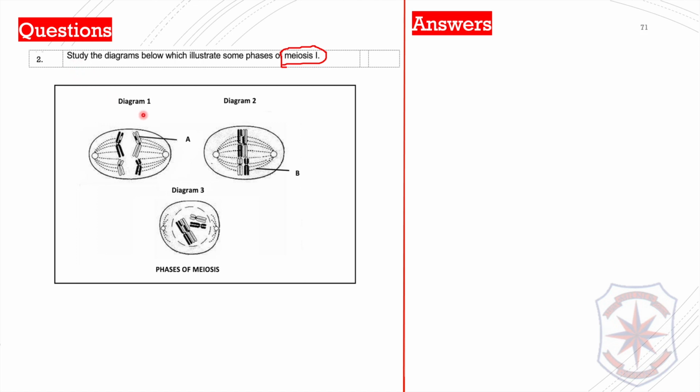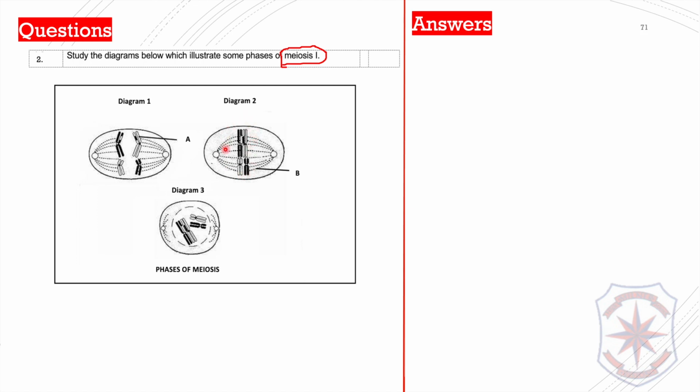Okay. So we said diagram 1 is anaphase 1. Why? Because whole chromosomes, as we can see, are being pulled to opposite poles of the cell. Okay? Then diagram 2, let's check what's happening. In diagram 2, we see that chromosomes are aligned at the equator, but in homologous pairs.